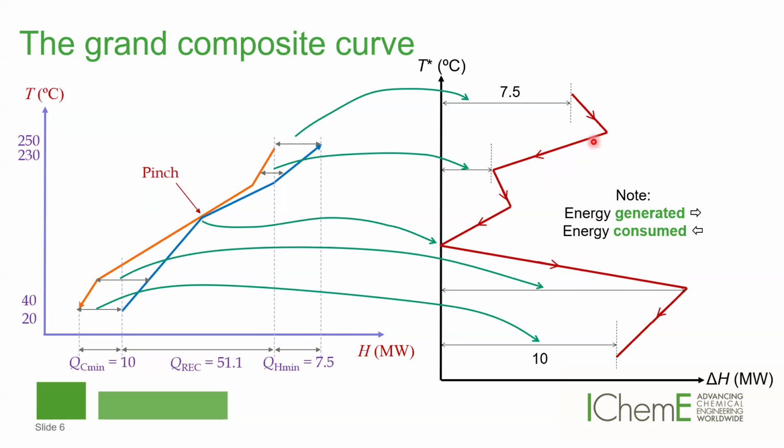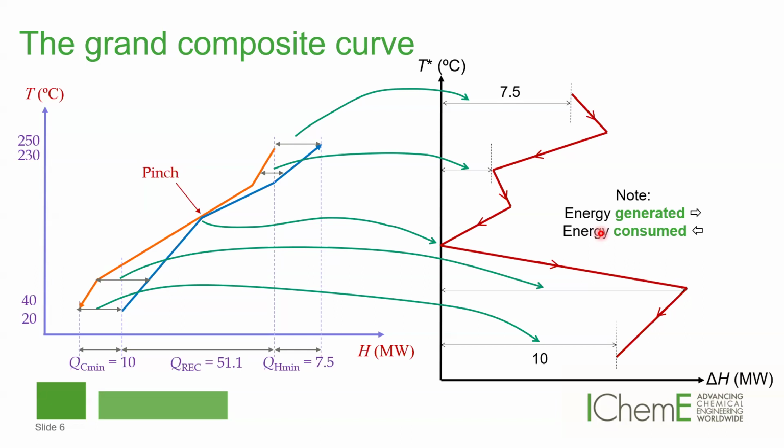So that means that in these segments, the energy is being consumed, right? Again, when the slope is negative, energy is being generated. So the movement is downward right. When the movement is downward left, energy is being consumed.